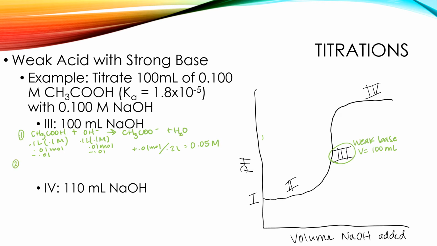Now I'm going to set up my equilibrium, because all of my acetic acid has been converted into acetate. Acetate is going to hydrolyze with water to form acetic acid and hydroxide. Now it's just a normal weak base equilibrium problem. So minus x, and plus x. Now I have x squared over 0.05 equal to, oh, this is Ka, so I've got to find Kb.